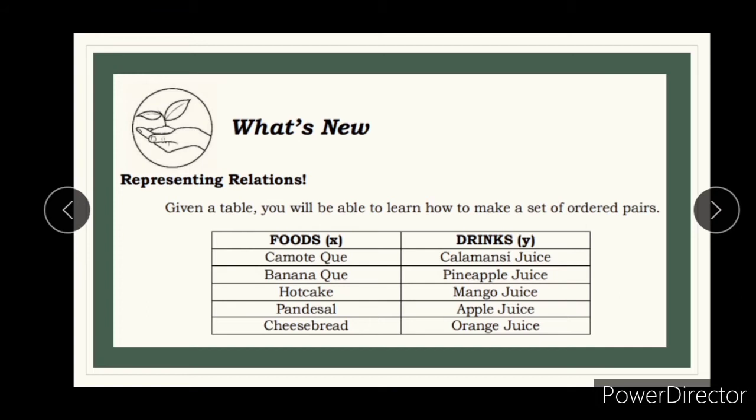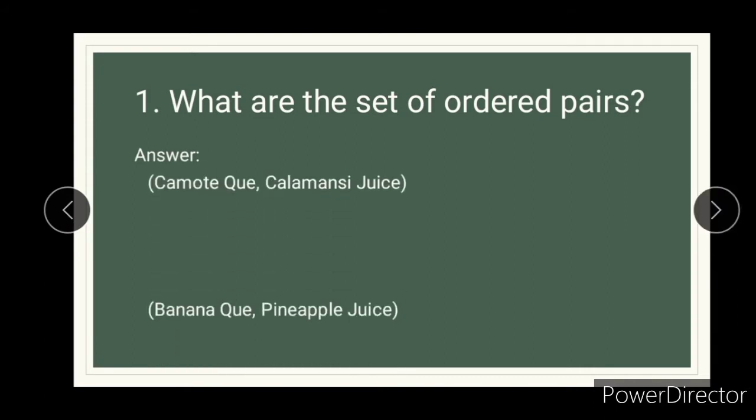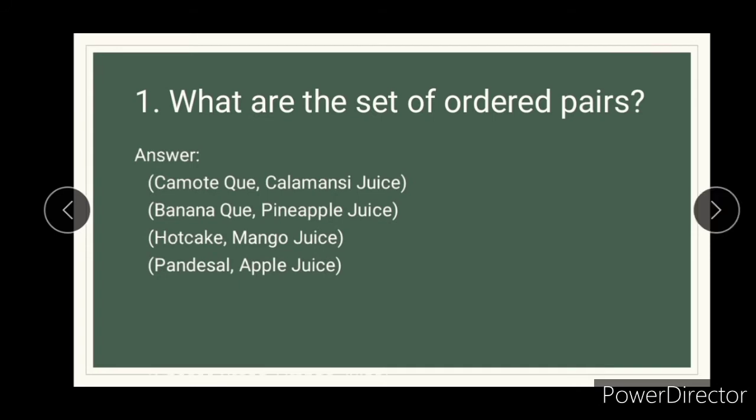Let's write down all the set of ordered pairs based on our table. Remember, in forming an ordered pair, the first coordinate is our X coordinate, or abscissa, and the second coordinate is our Y coordinate, or ordinate.